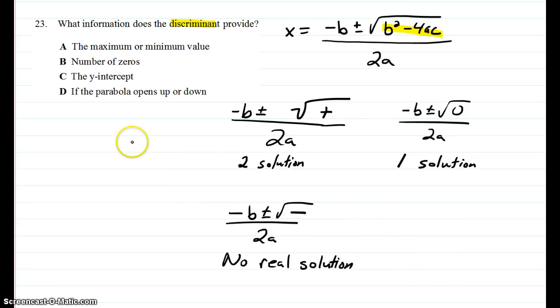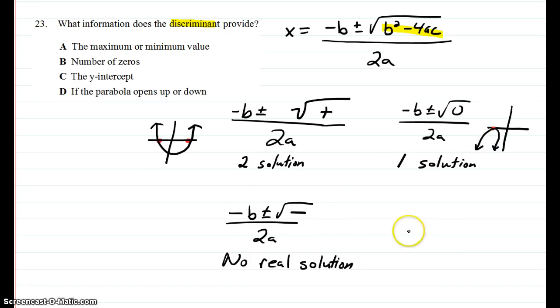So on the graph, the 2 solutions touches the graph twice. So you might have a parabola that opens up and touches the graph twice. When it's 1 solution, the graph only touches once, and that happens when the vertex is on the x-axis.